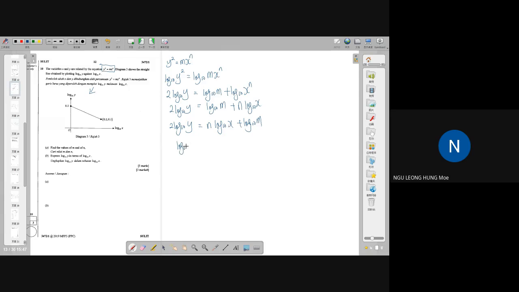Log 10 y equal to n over 2 log 10 x plus log 10 m over 2. So y equal to mx plus c. Izzat, setakat ini you boleh faham tidak?